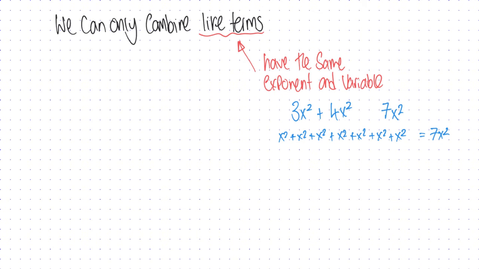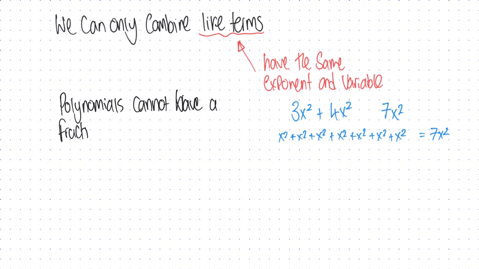Now, sometimes we have a situation where we have some things that are not like terms. Well, you just have to leave those alone and combine the things that are like terms. Also, polynomials cannot have a fraction for the variable.